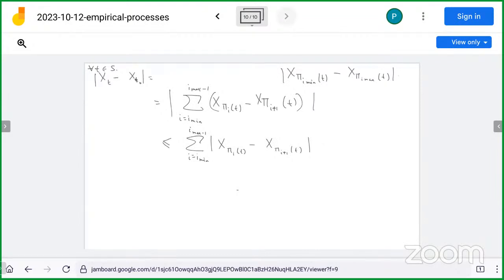So what do we want to say? I'm trying to bound the supremum over this.